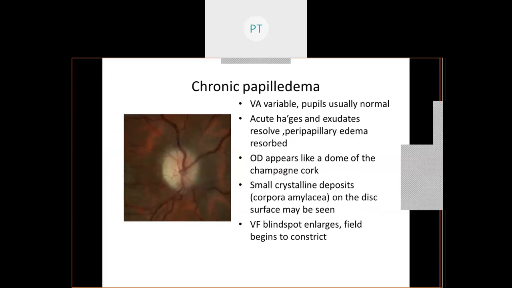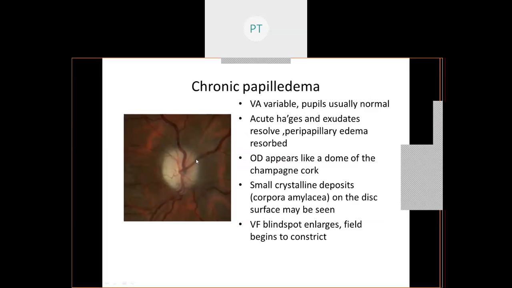Then coming to the next stage, which is chronic papilledema. Here the visual acuity is variable, and this depends on the duration of the papilledema. Pupils are still reacting and usually normal. Now the acute hemorrhages and exudates all resolve, and the peripapillary edema is also resolved.